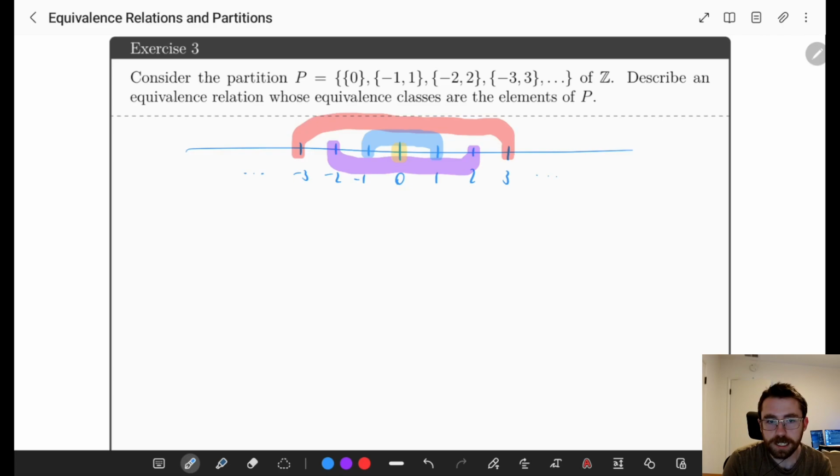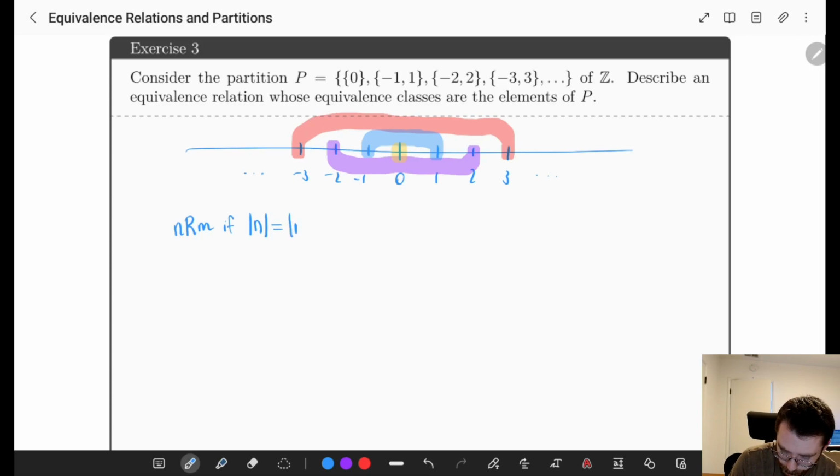Okay, how could I fix that? I still need 1 to be related to -1, but I also need 1 to be related to itself, and -1 to be related to itself. Again, take a minute to think if you like. I'll write down a relation that works. N is related to M if they're equal in absolute value, right?